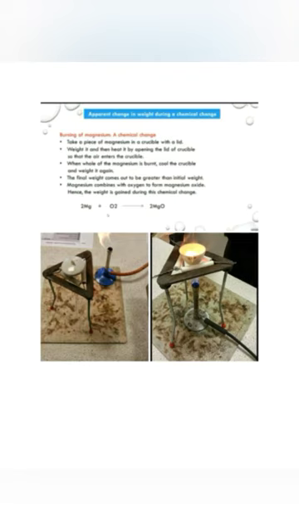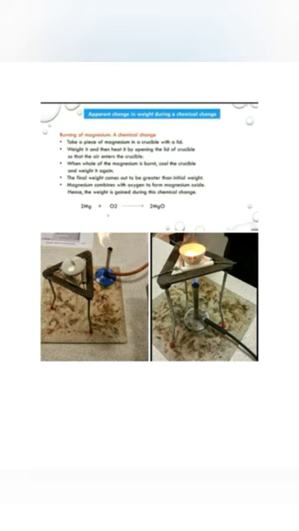Apparent change in weight during a chemical change. For this, you have to take a piece of magnesium in a crucible with a lid. Now, weigh the magnesium along with the crucible and its lid. After weighing, remove the lid so that air can enter. Now, heat the magnesium.